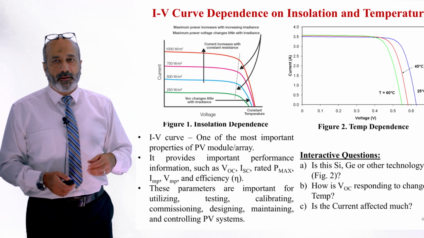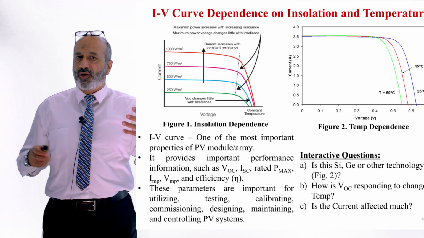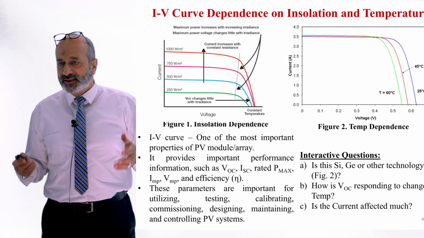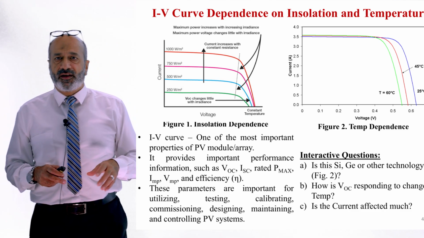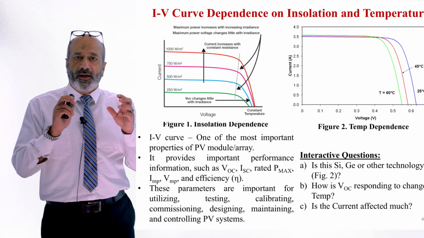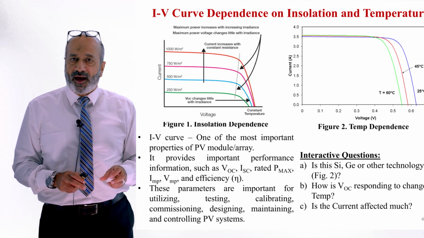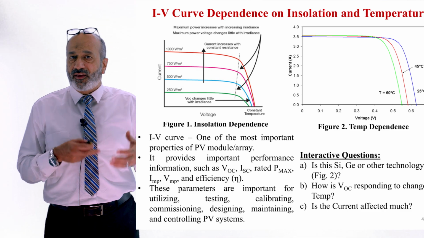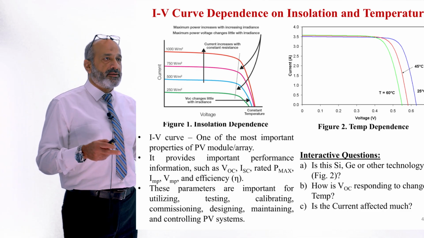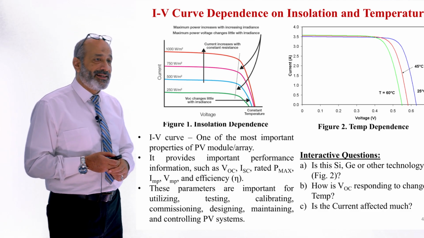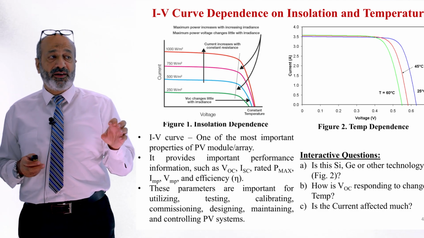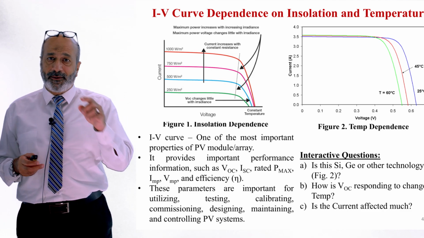And the IV characteristics of the PV cell is usually given or even printed underneath the panel. And the IV curve is one of the most important properties of a PV module or array.